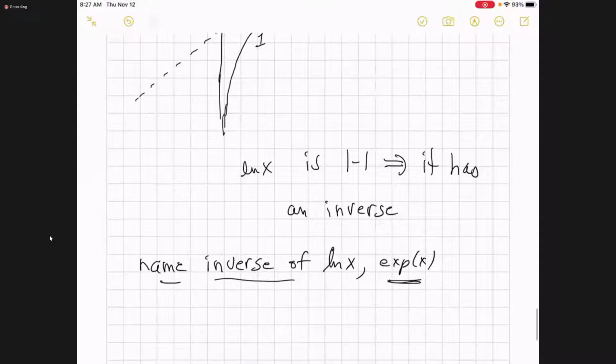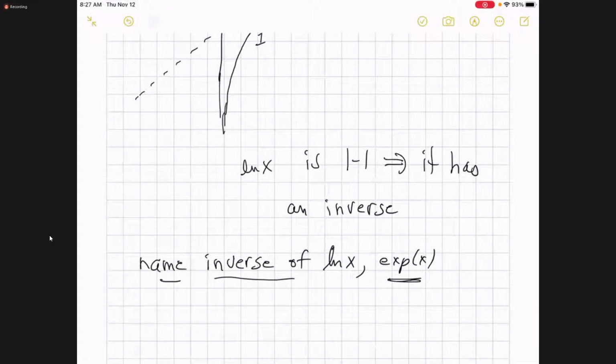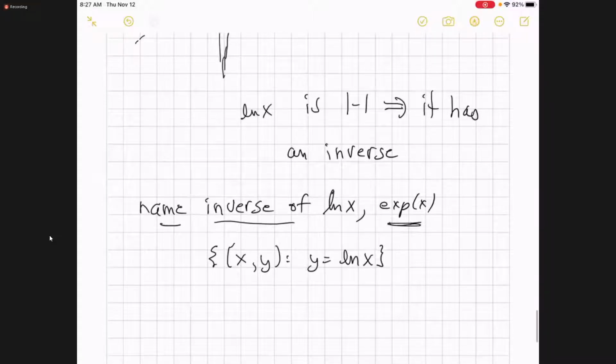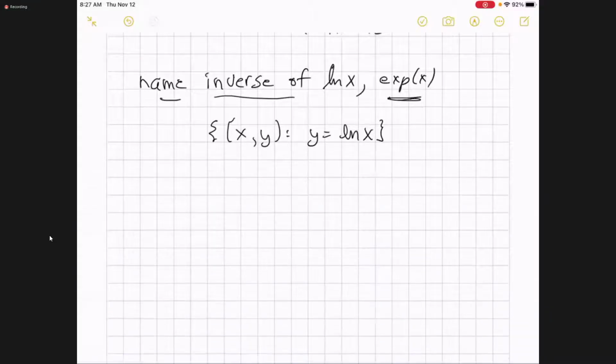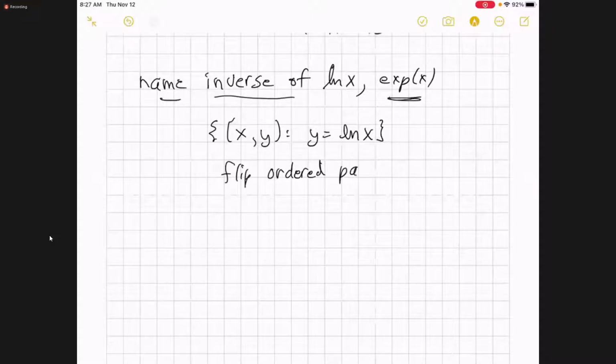And, okay, so if we take the set of all points x, y, such that y is the natural log of x, and we just flip those ordered pairs, okay, we get the inverse.